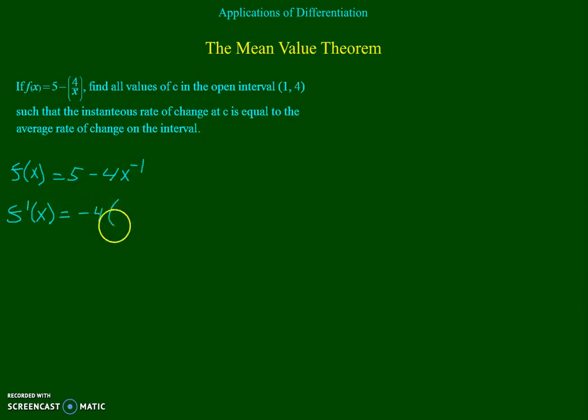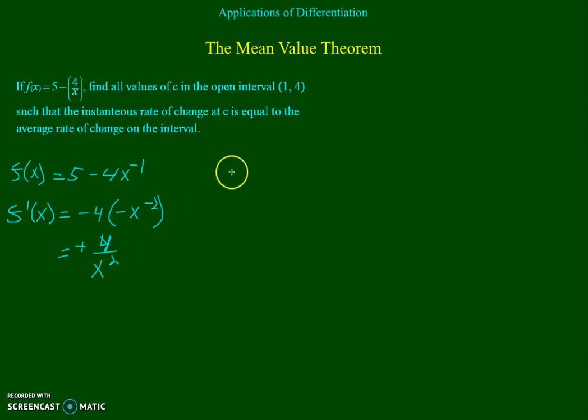Negative 4 times negative x to the negative 2, which is positive 4 over x squared. So there's our derivative. And is this function differentiable on this open interval? If we put a 1 in here, it's defined. If we put a 4 in here, it's defined. So we're good. Second condition is met. So now we know that the mean value theorem does apply.